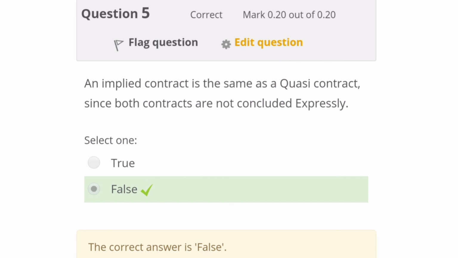So another word for quasi contracts is, by the way, constructive contracts. And remember that constructive is again not the same thing as implied. So yes, the statement is false, because an implied contract is not the same as a quasi contract, and there are differences between these 2 despite the fact that there is also one similarity between them. Now if you're still confused, I'll be happy to explain again and slowly, so do let me know.